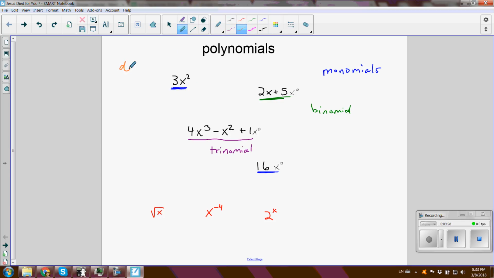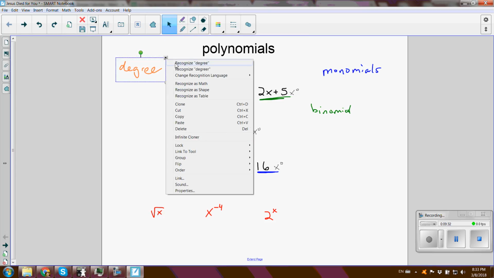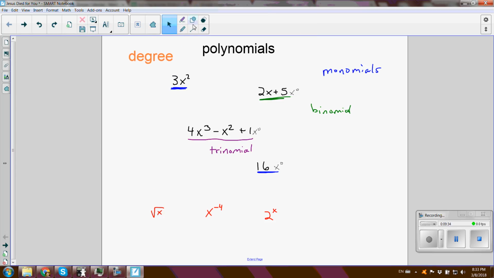The degree of a polynomial is the highest power of x in that polynomial. So the degree of this monomial will be 2. The degree of this trinomial would be 3, not because it's a trinomial, but because 3 is the highest power of x in the polynomial.